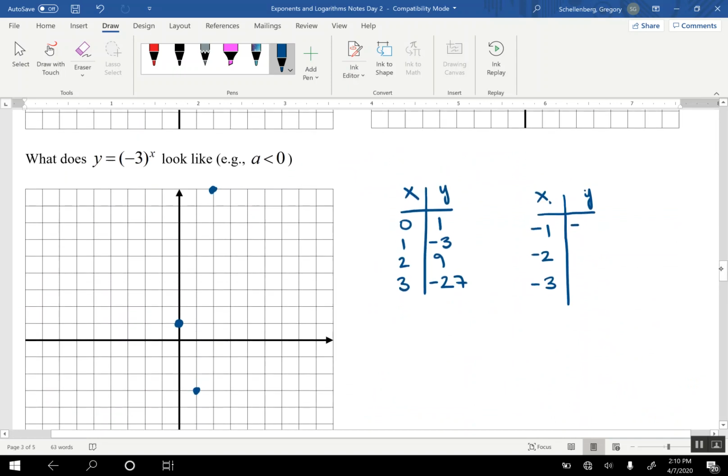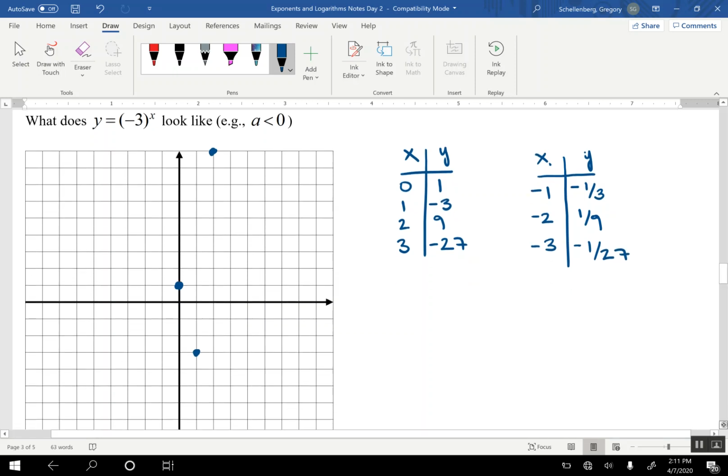We would get negative 1 over 3. Okay, flip the base. We've got negative 1 over 3 raised to the power of positive 2. This is going to be positive 1 over 9. And we would get negative 1 over 27.